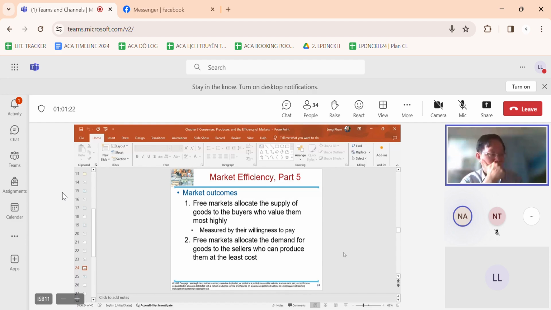And next is for the demand. The customers tend to like to buy things at a lower cost, so any supplier who can produce the good and sell it at a lower price will be preferred by the customer. Okay, next slide, please.